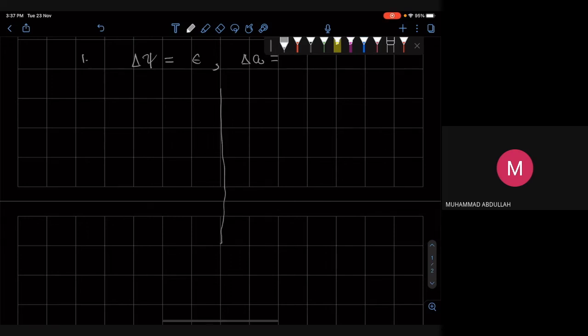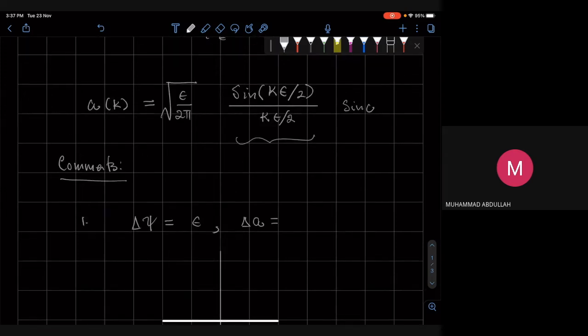At the origin, this function is not singular because, as we know, when the argument is very small, sine of x divided by x, when x is going to 0, the first leading term is x by x, so this is 1.